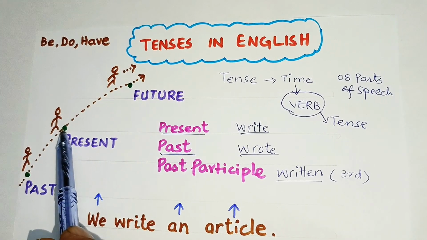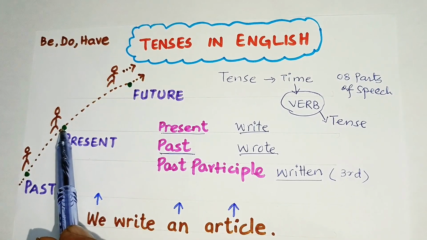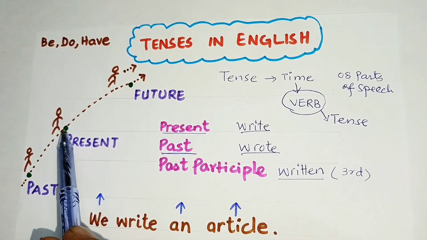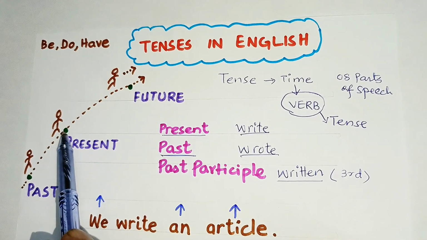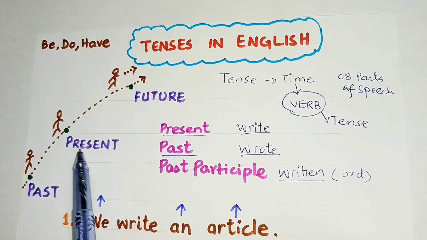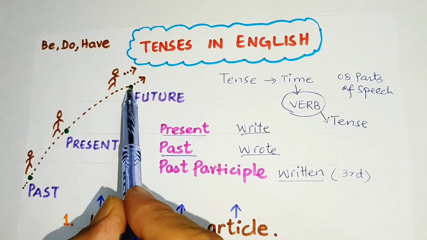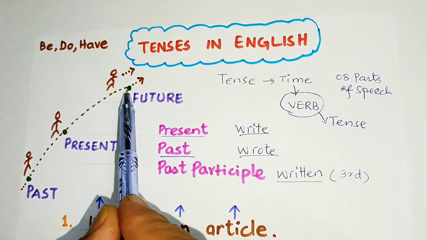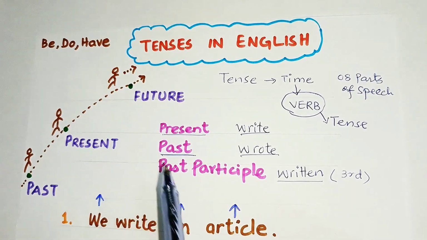The moment when somebody is doing something, speaking or writing or whatever he is doing, at that moment, that is the time that is present. And the time that is going to come and is not still in our hand, that is future tense.